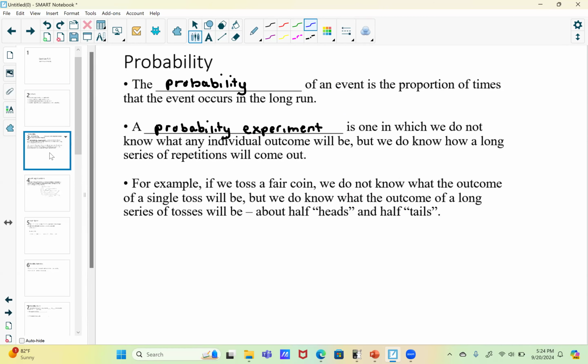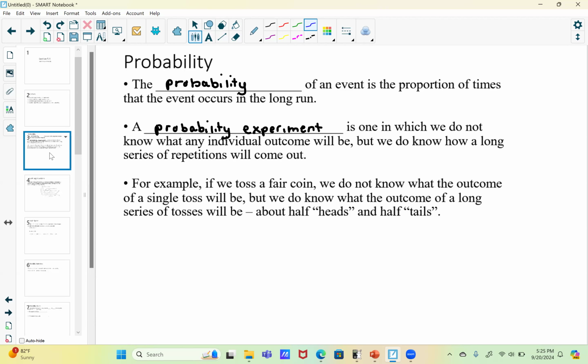So when we talk about probability, the probability of an event is the proportion of times that event occurs in the long run. And we can often determine the probability by doing a probability experiment. A probability experiment is one in which we don't know what any individual outcome will be, but we do know how a long series of repetitions will come out.